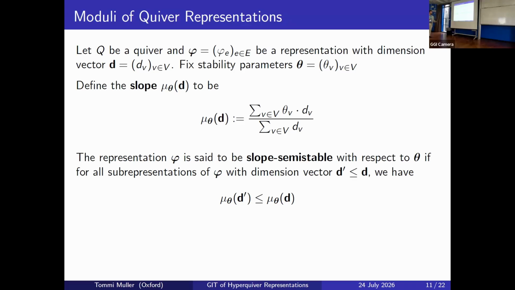In your definition of the slope, you don't use phi at all. That's true, yes. Well, sorry. The sub-representation has to preserve the image of phi, so you can't just pick any subspace. You need to pick a subspace so that phi of that subspace is contained in the sub-representation.